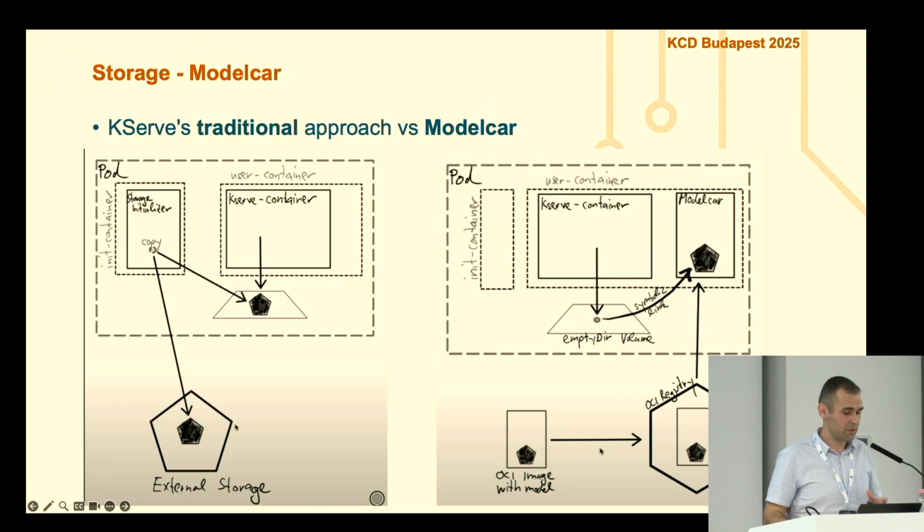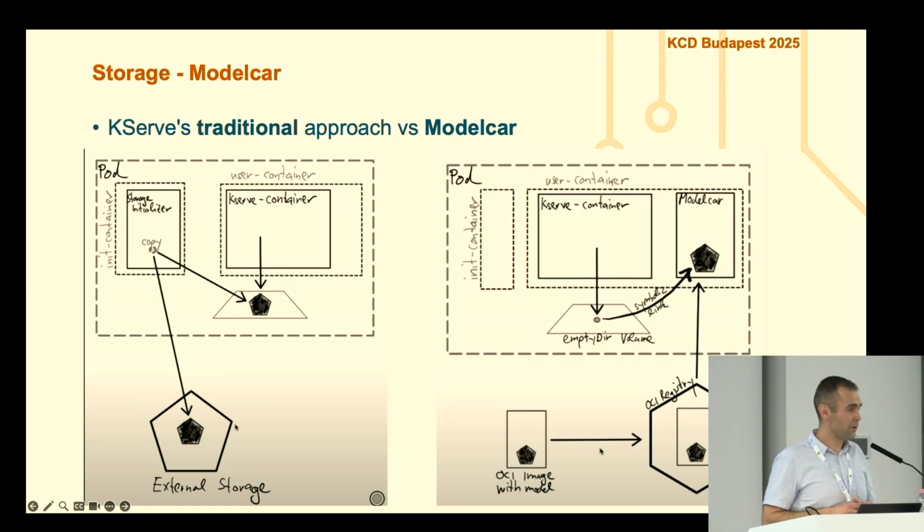To overcome this problem, KServe introduced the model car feature you can see on the right-hand side. Model car operates as a sidecar container next to the KServe container. This sidecar container holds the data, where the model is encapsulated within an OCI image.